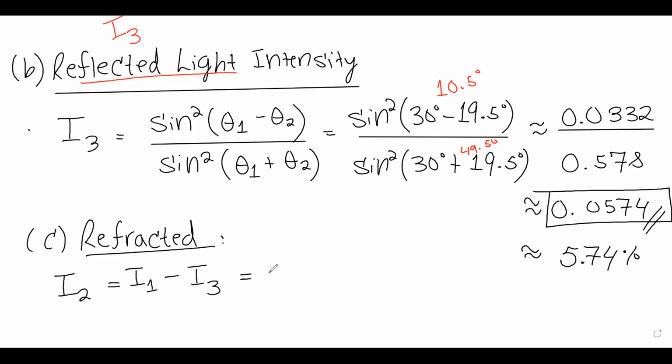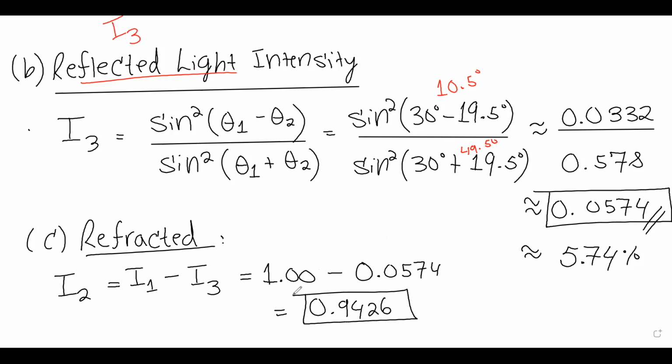Initially, before the light strikes the glass, you have 100% of it, or 1.00. And then we subtract away 0.0574, giving 0.9426.